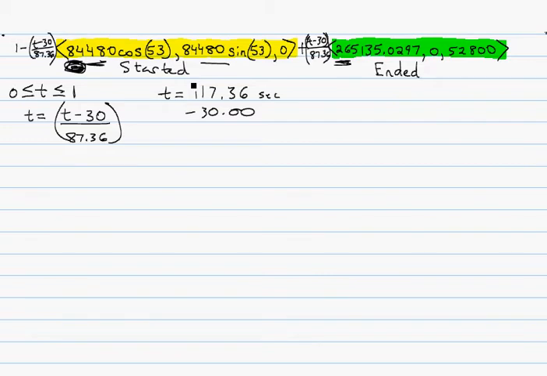So at 117.36 seconds, that's when impact happens. 117.36 minus 30 equals 87.36. So 87.36 over 87.36, that's 1. So you have 1 minus 1, which would be 0. And here this would just be 1. So at that time, that's where we end.